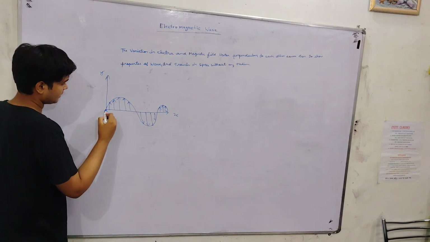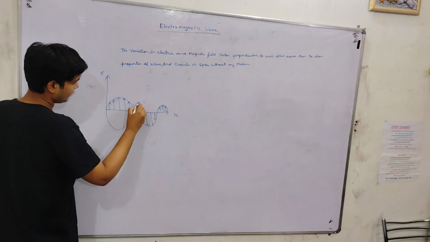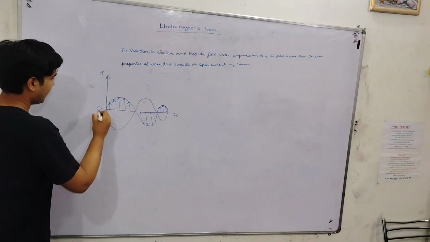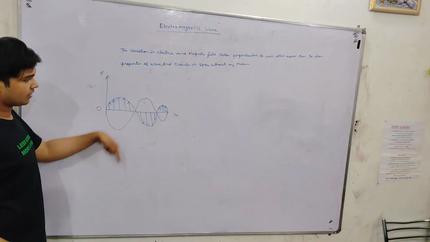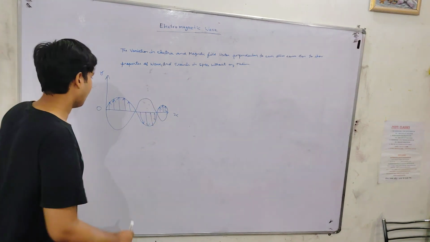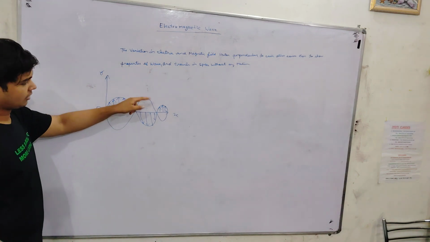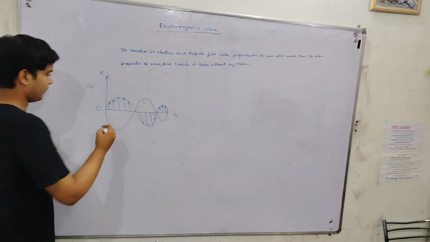The magnetic wave will come from below the origin. The electric wave will start from the origin and end at the origin, above the origin. The magnetic wave will start from below the origin, then go above the origin, and end below.